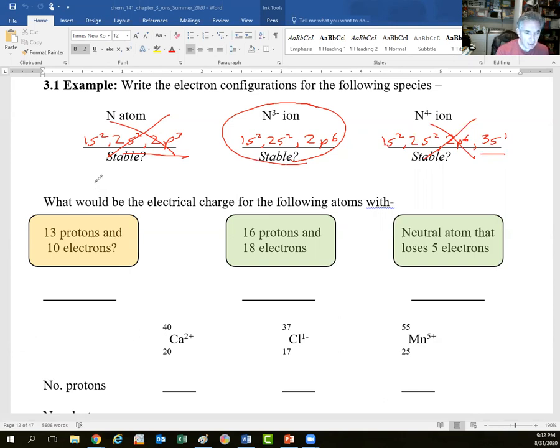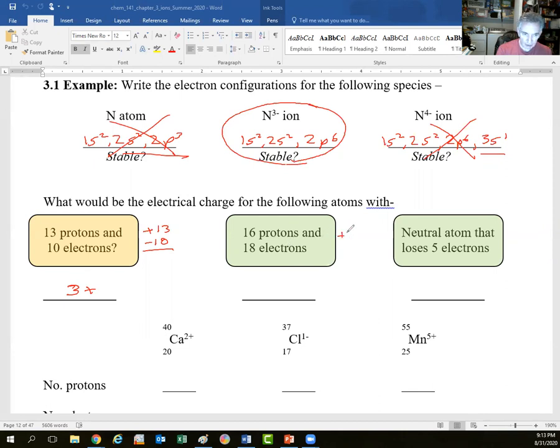Next one's predicting the electrical charge, just a pure math of it. 13 positively charged protons compared to 10 negatively charged electrons. That would be a charge of 3 plus. Incidentally, when we write charges in ion chemistry, you write the number, then the charge when you're writing it. 16 protons but 18 electrons.